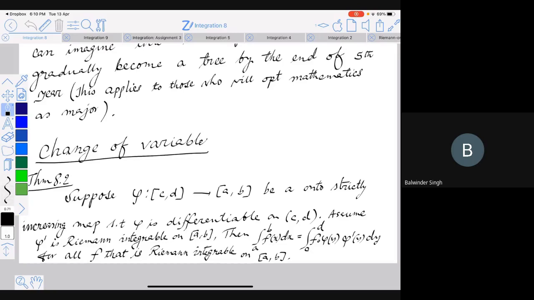Then I took a partition of [c,d], y0 to yn, such that xi is equal to phi of yi for all i from 0 to n. Then I calculated upper sum and lower sum, using that formula, and then I subtracted lower sum from upper sum, and made it smaller than epsilon.